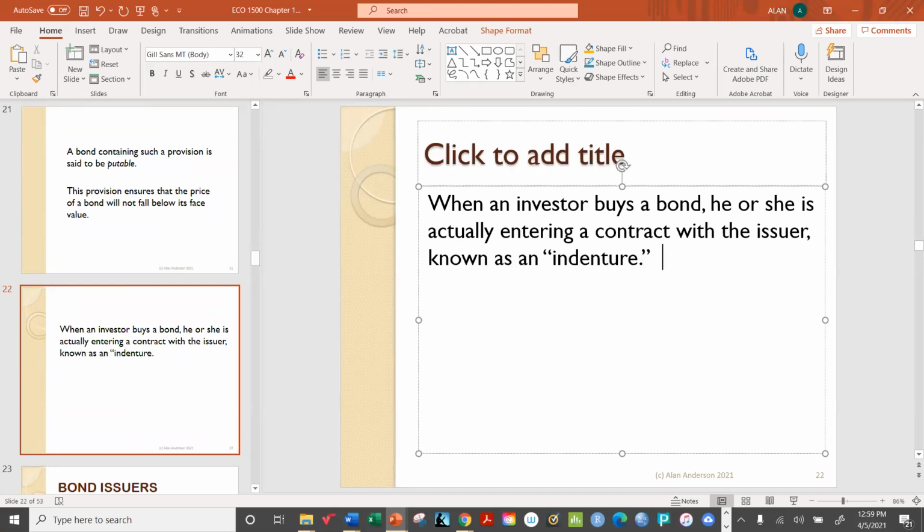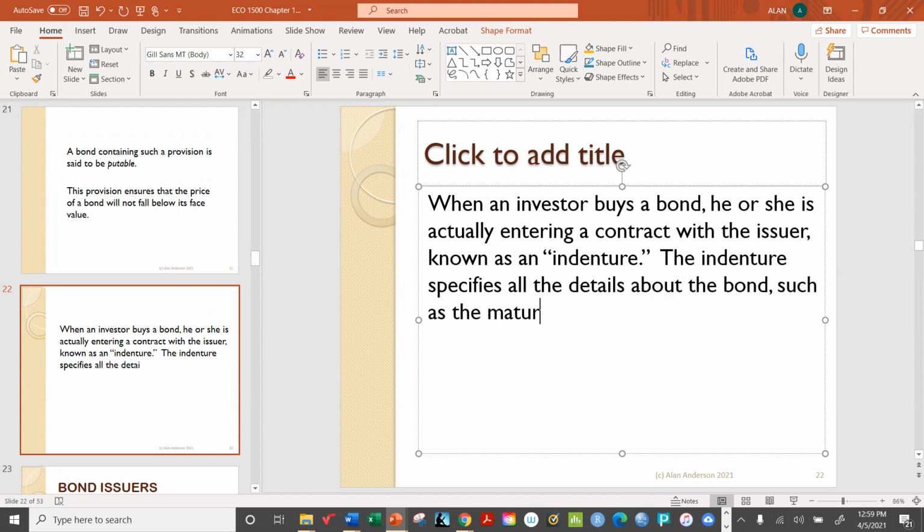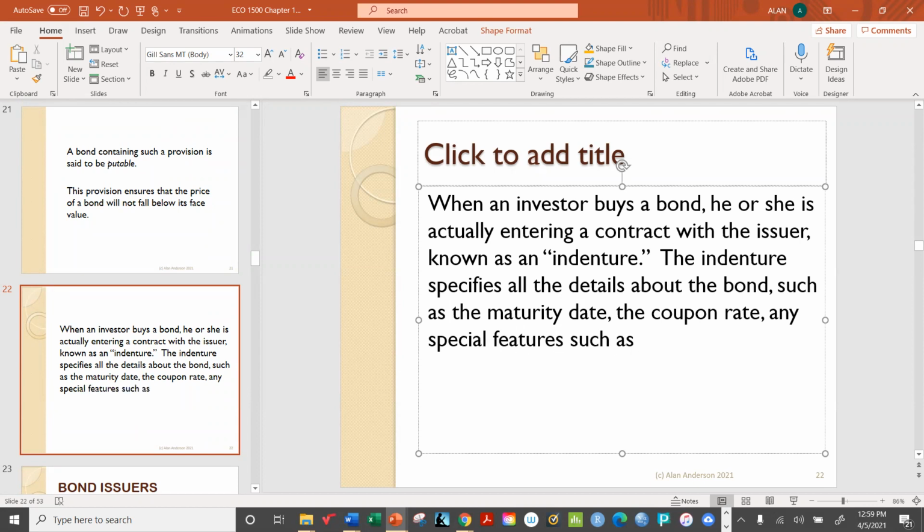The indenture specifies all the details about the bond, such as the maturity date, the coupon rate, any special features such as call provisions, etc. So it's all written down somewhere.